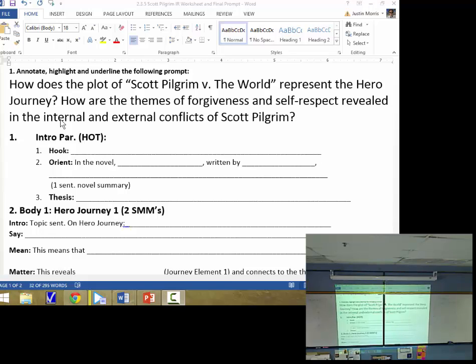I'm not really sure exactly what I'm supposed to do. I have to draw 12 pages. Select the hero journey. You guys have 3 more minutes? Did you get the story before or after? What is a monomyth?